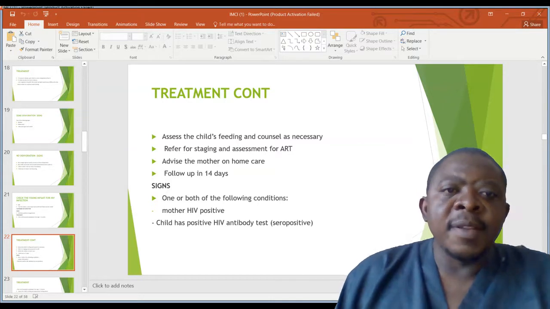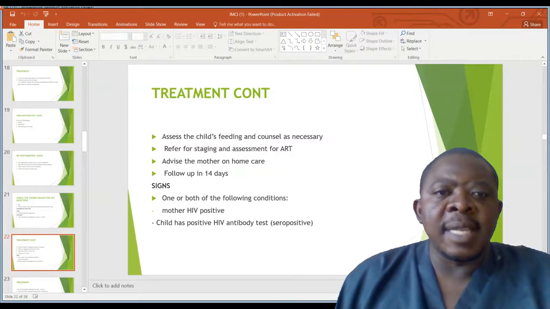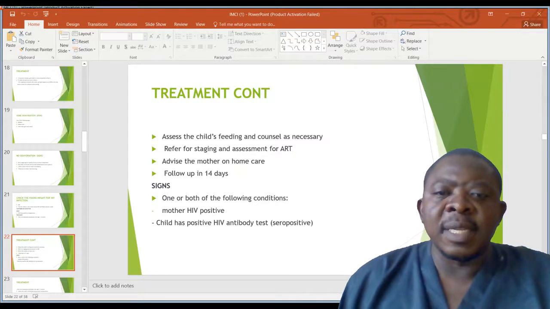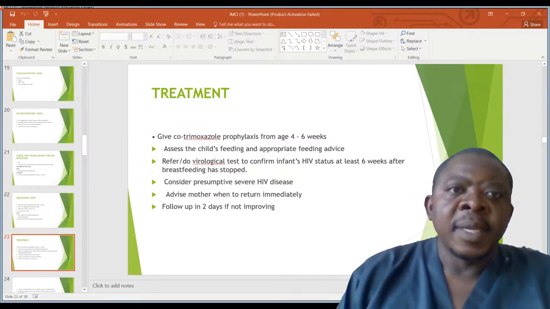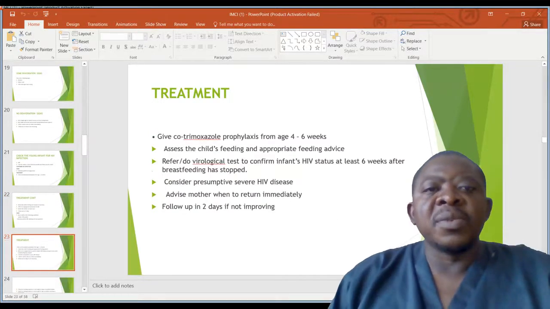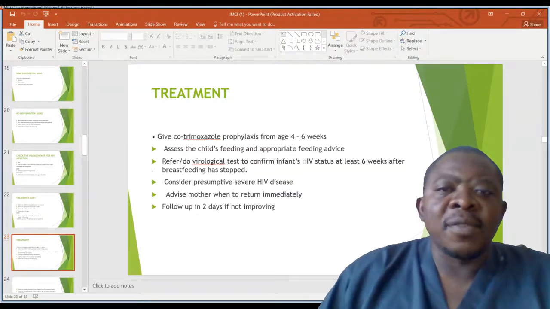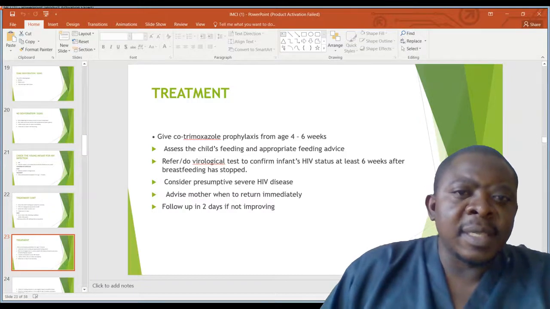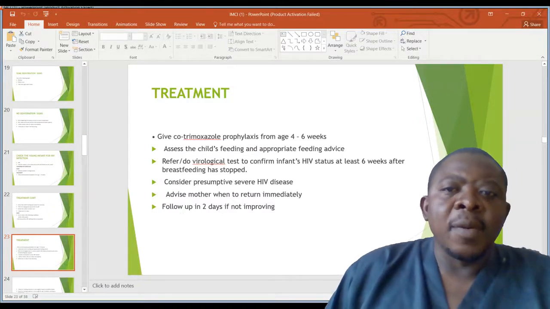Then for signs and symptoms, one or both of the following conditions: mother HIV positive, or child has a positive HIV antibody test, that is, seropositive. Then the treatment: you give cotrimoxazole prophylaxis from age 4 to 6 weeks. Then you assess the child's feeding and give appropriate feeding advice.